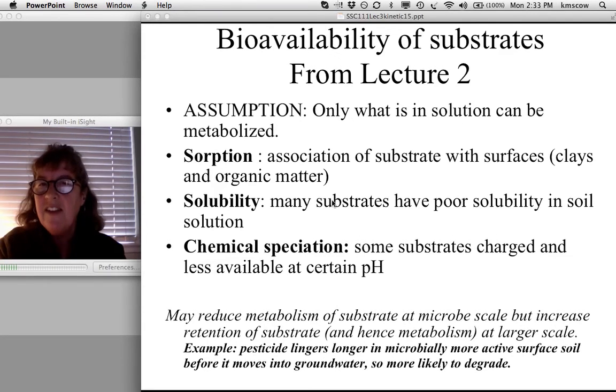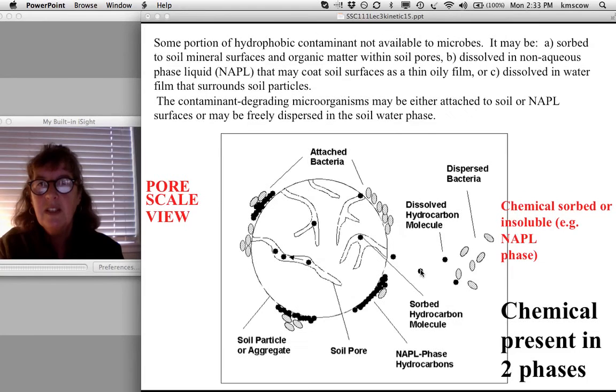If they didn't have these phenomena in the soil, if they were just sitting in a shaking Erlenmeyer flask, they might gobble up all of that substrate very, very quickly. But in soil, a lot of it is just not going to be available, and this is very much going to affect the kinetics of utilization of those substrates.